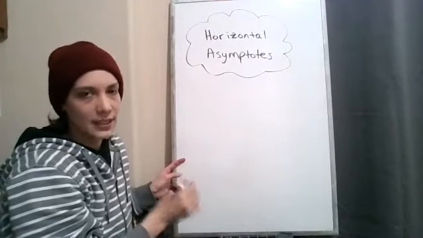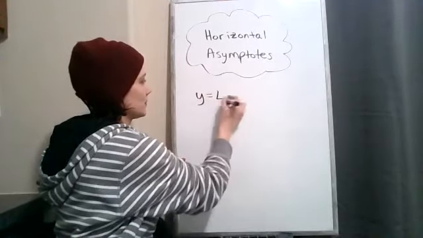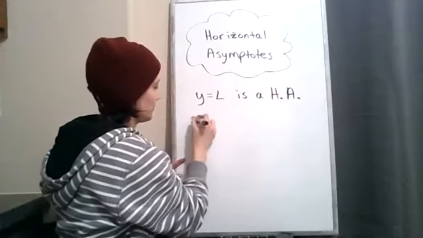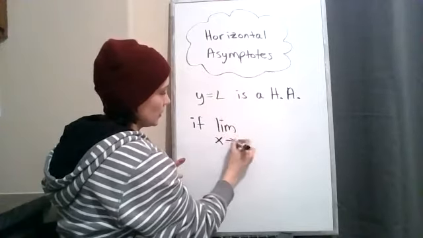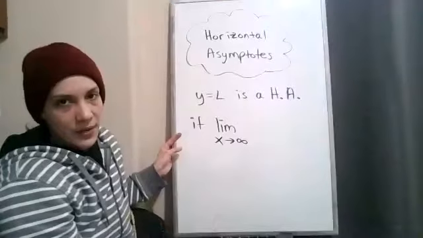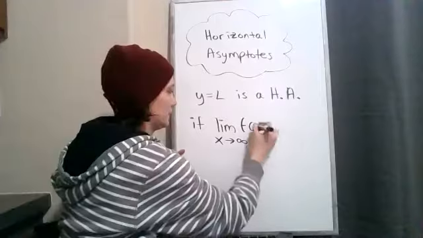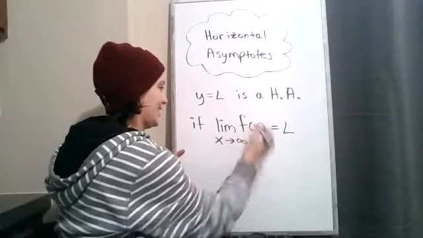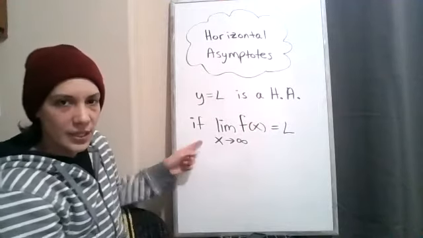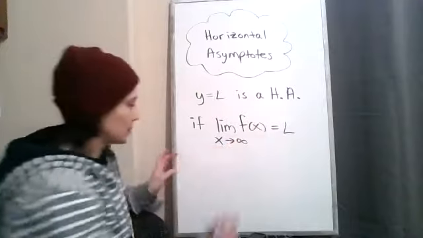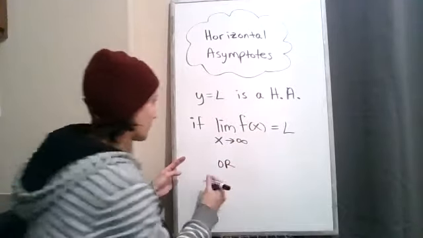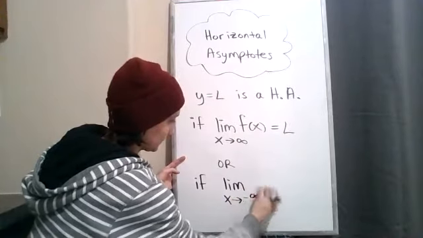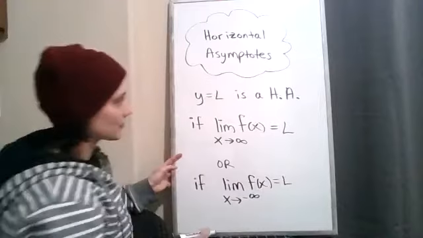So y equal to L is a horizontal asymptote if the limit as x goes to infinity of f of x equals L, or if you have x going to negative infinity of f of x equal to L.